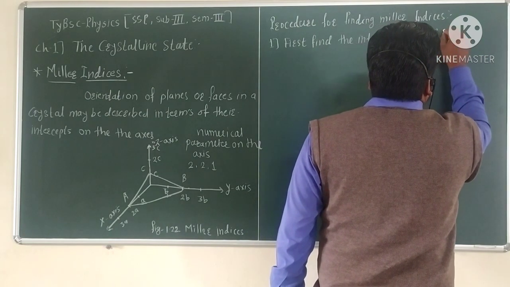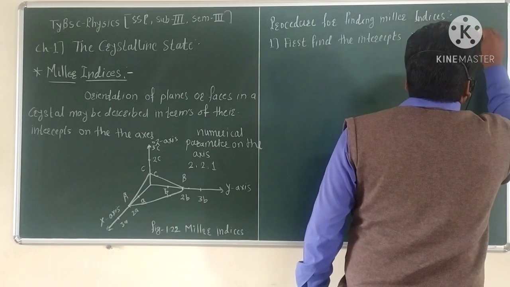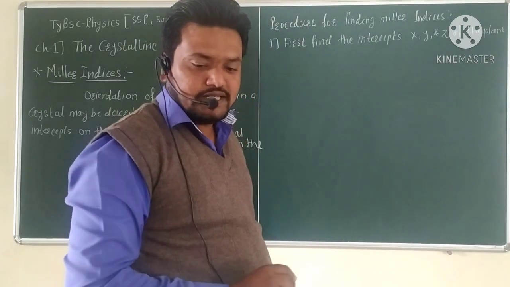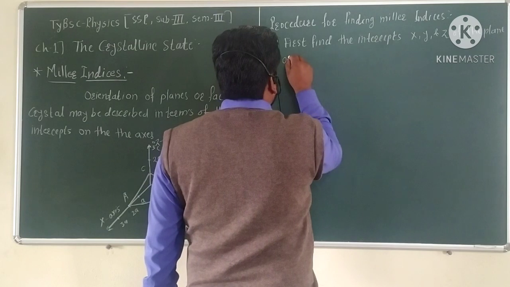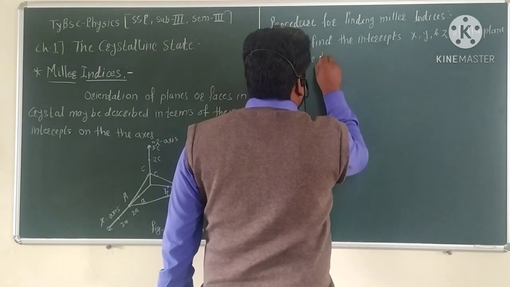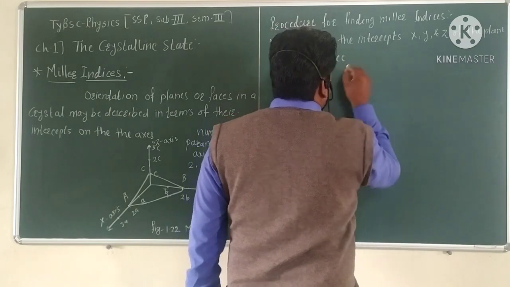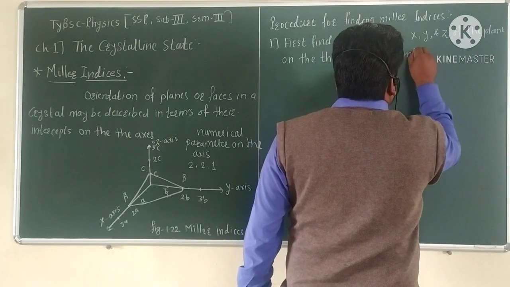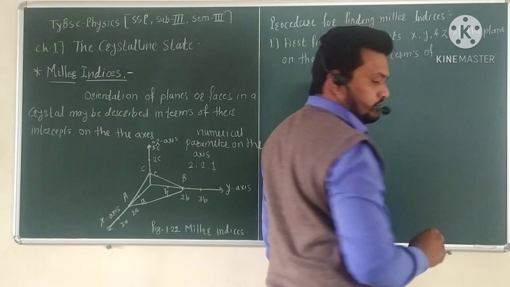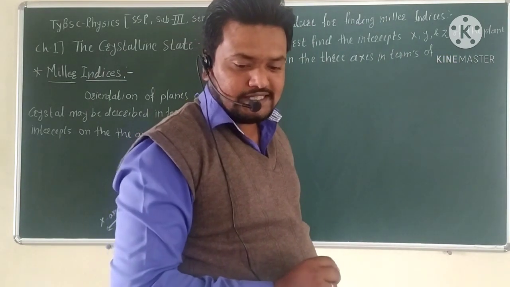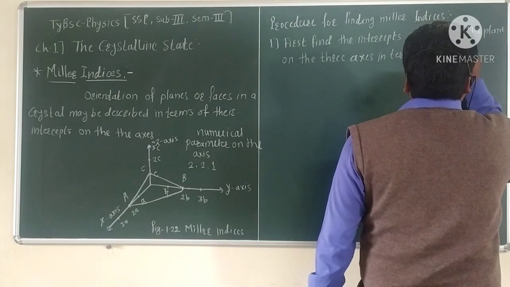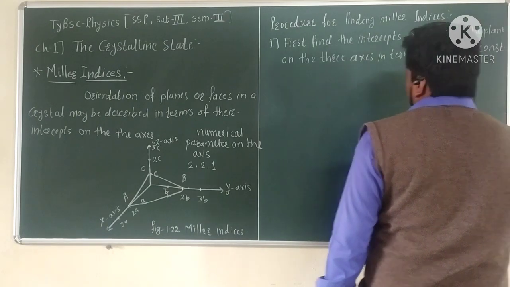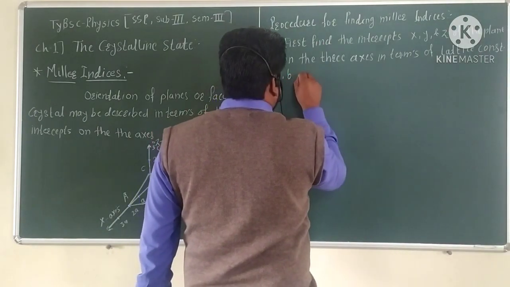First find the intercepts x, y and z of the plane on the three axes in terms of the lattice constants a, b and c.